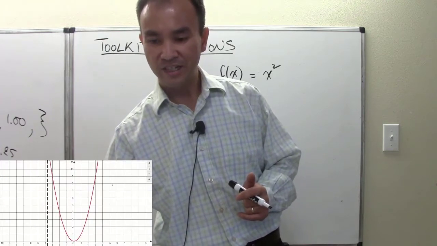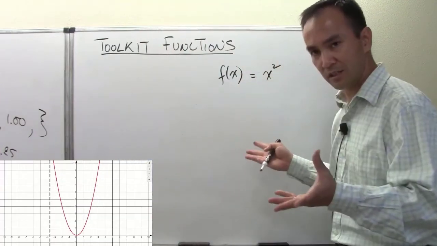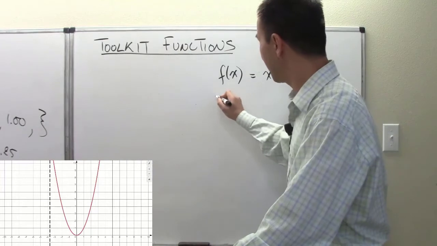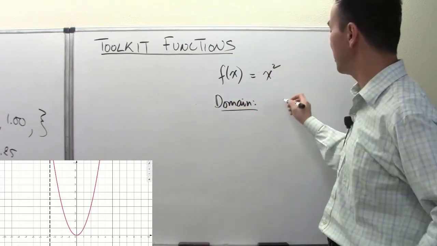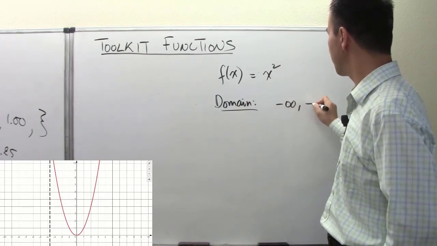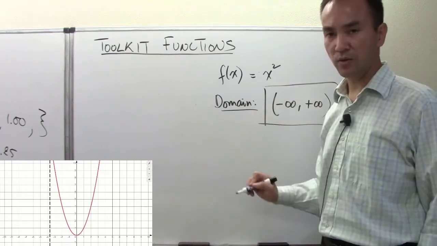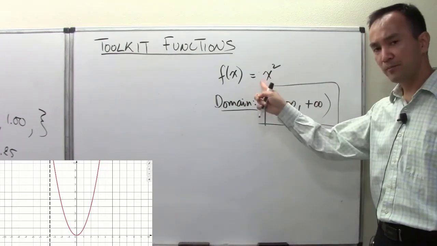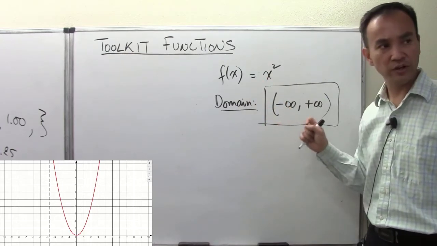So in this case, we have our evidence to say that the domain of this function must be anywhere between minus infinity and positive infinity. In other words, the domain for this simple quadratic function is all real values, all input values in the real numbers.